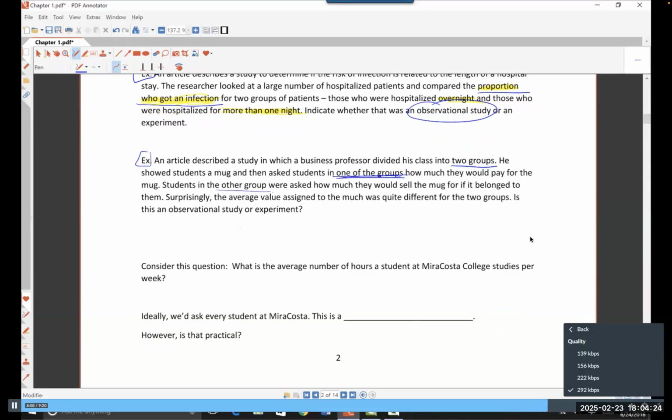And in the other group, they were asked to answer a question: how much would they sell the mug for if it belonged to them? And then he considered the average value assigned to the mug was quite different for the two groups. Is this an observational study or an experiment?